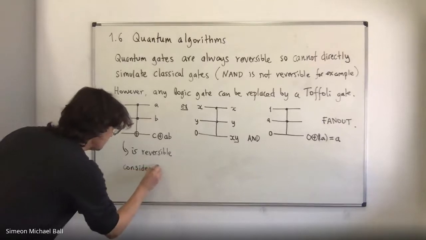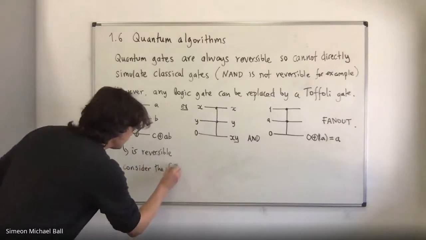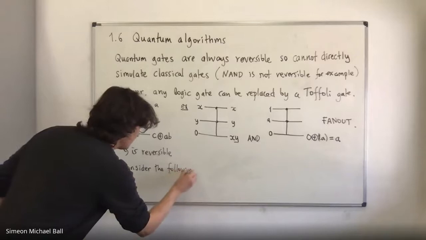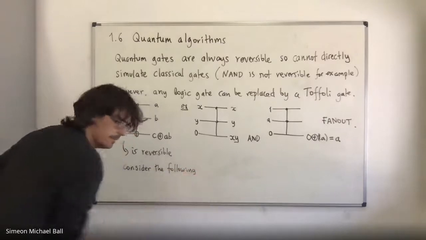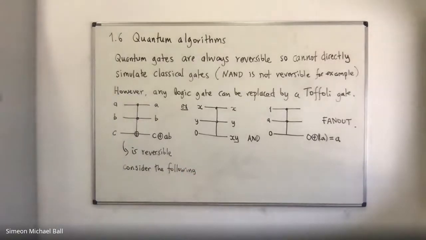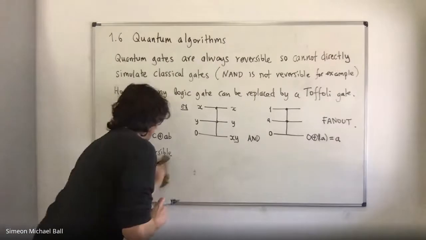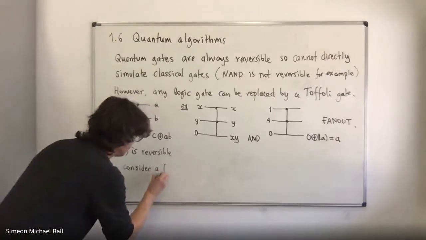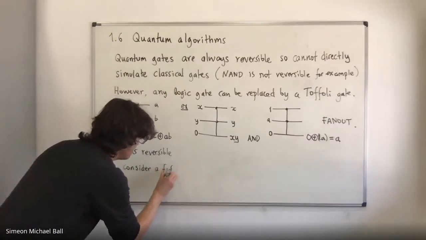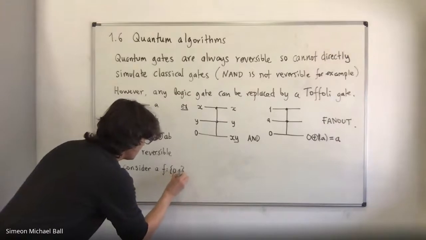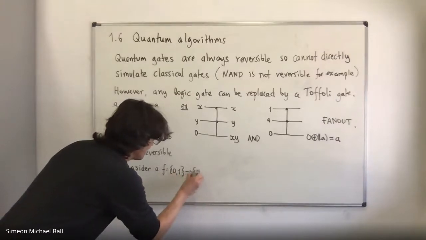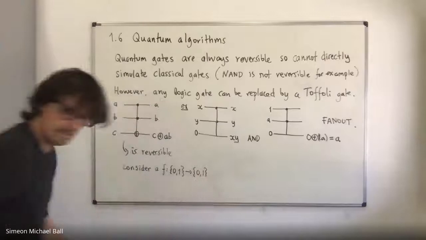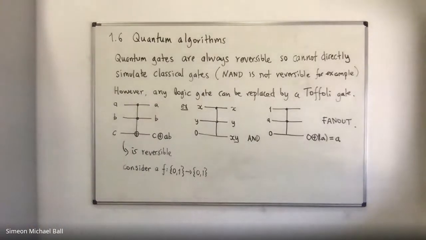So just consider the following. Considering the function f, for the moment let's just do it from 0, 1 to 0, 1. So we've got some function which we can compute on a classical circuit.